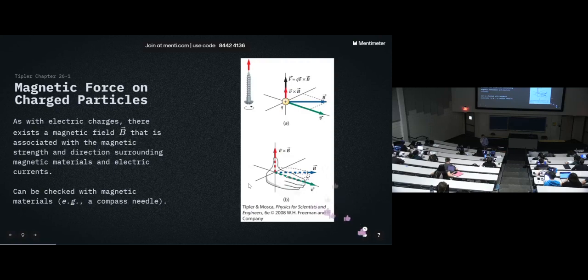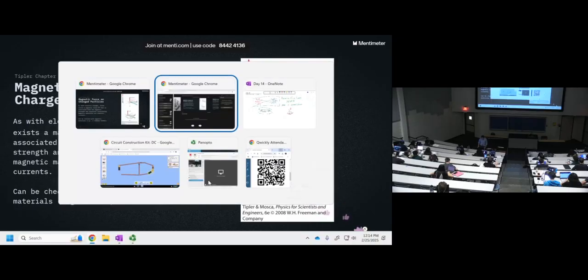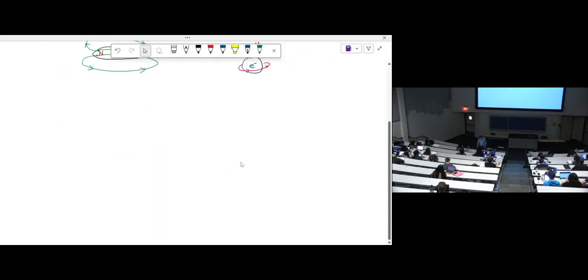So here's something that's interesting. You arrive on the surface of the earth, as if for some reason you had left. So this is Earth rotating on its axis, right?